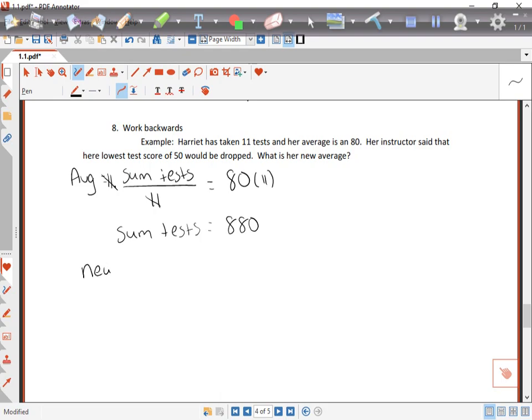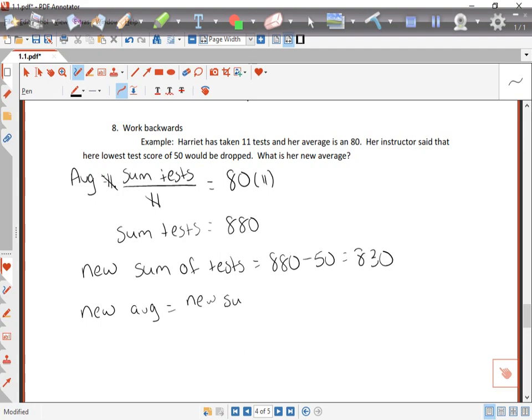Then I've got to find the new sum after the 50 is dropped. So we do 880 minus 50, and that gives me 830. Then I can find the new average by taking the new sum and dividing it this time by 10.